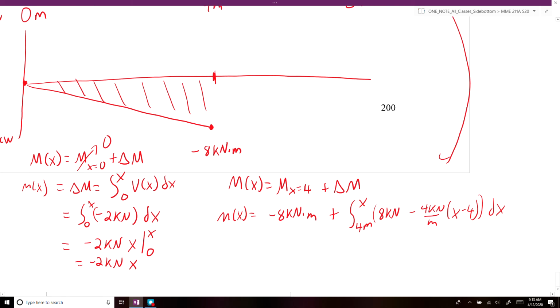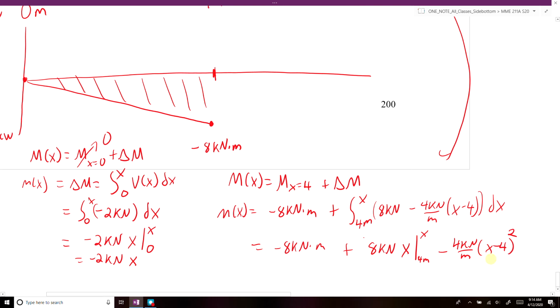So if we do this integral, what we end up getting is minus 8 kilonewton meters plus 8 kilonewtons times x, times (x minus 4 meters), minus 4 kilonewtons per meter times (x minus 4) squared, evaluated from 4 meters to x.